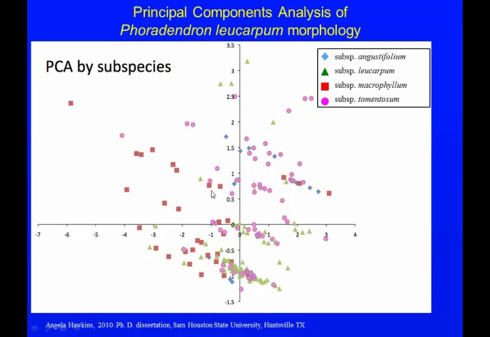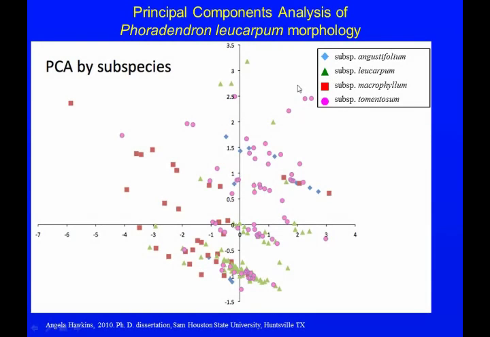So let's start with the morphology. She did what's called a principal components analysis, PCA, where you basically measure leaves, pubescence, a variety of morphological characters, and you analyze them to determine the variance in the data set and also the presence of groupings. I don't know whether you can tell that or not, but it's a little bit difficult to discern any major groups based upon the colors of the symbols here for our 4 subspecies.